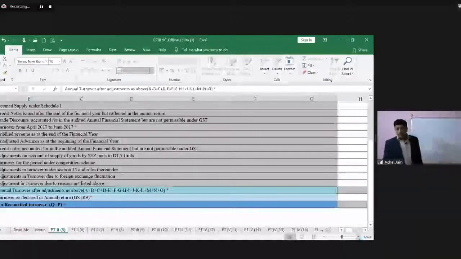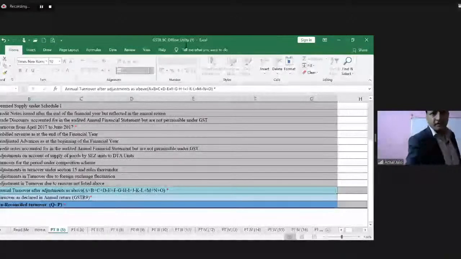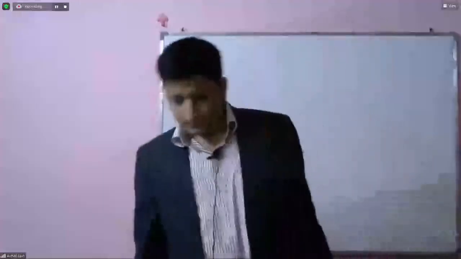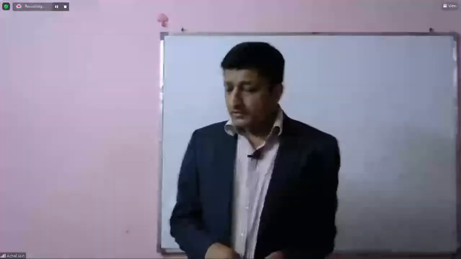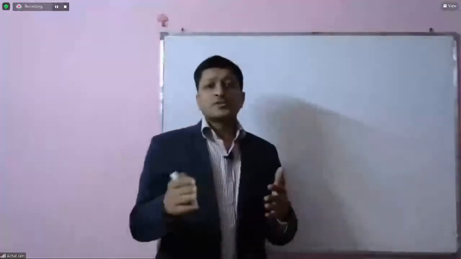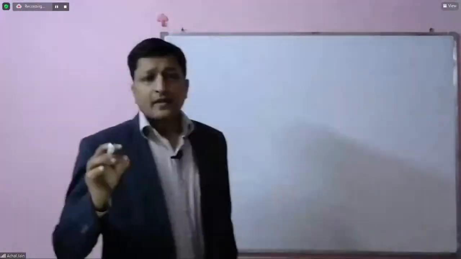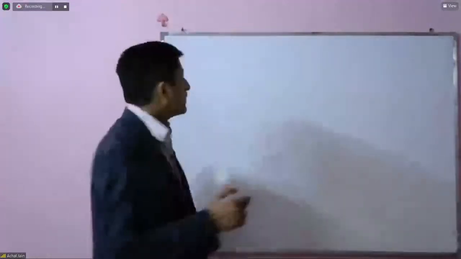And then he will move on to the number which is finally reported in the annual return, that means GSTR 9. Now let's try to understand certain aspects around it: how all of these items may be audited, what procedures may be performed, and what are the various sources through which the GST auditor will keep tracking it. Let's look at the first point.